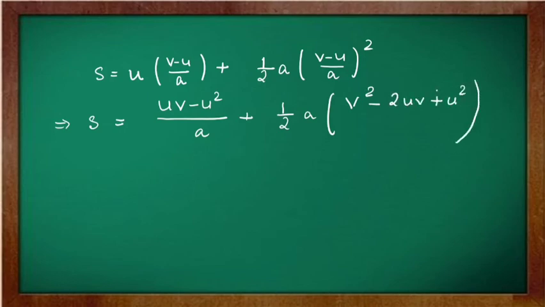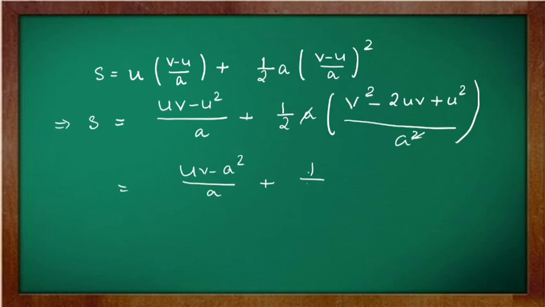Now here the formula used is a minus b whole square, and this will be by a square. Now next step, this a and this square will cancel out. So what you will get is uv minus u square by a plus, let's multiply it directly, you will get v square minus 2uv plus u square by twice a.